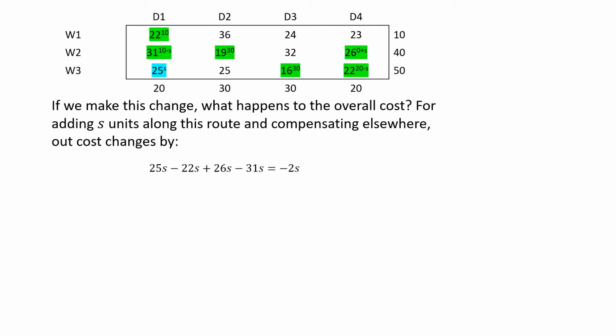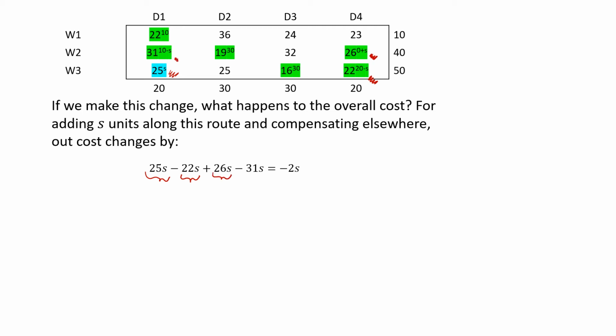But now what happens to the overall cost? So this is still looking before I've left the basis. What's happening here when I'm still using the variable S? Well, I'm shipping extra things through there, so every extra unit through there costs me 25. This one, I'm shipping less, so I'm saving things by not shipping through there. I save $22 for every unit. The next one, I'm shipping more. It costs me $26.